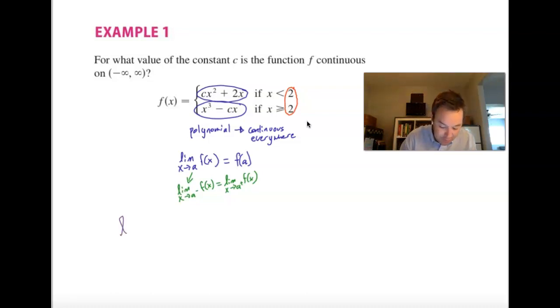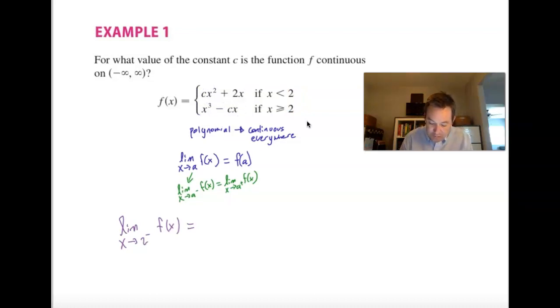The first thing I'll do is look at the limit as x approaches 2 from the left of my function. Approaching 2 from the left means values less than 2, so I'm going to be using the top piece of my function.